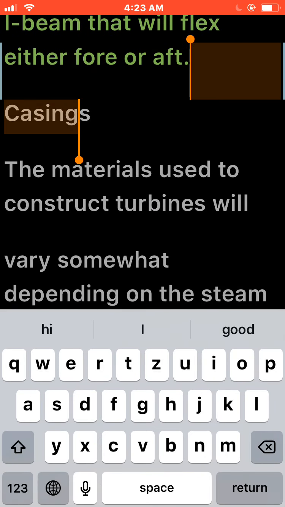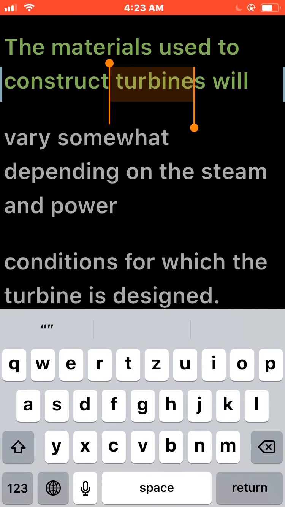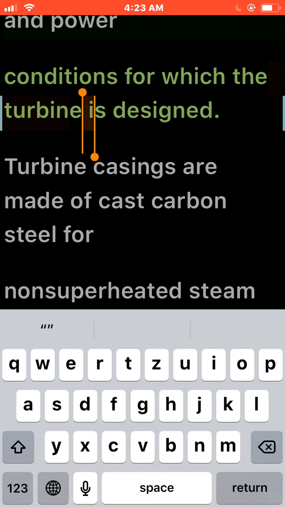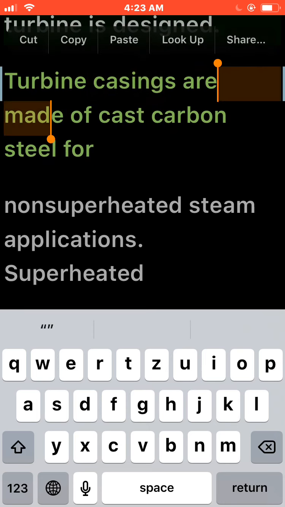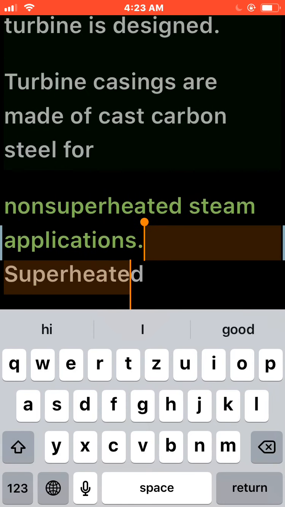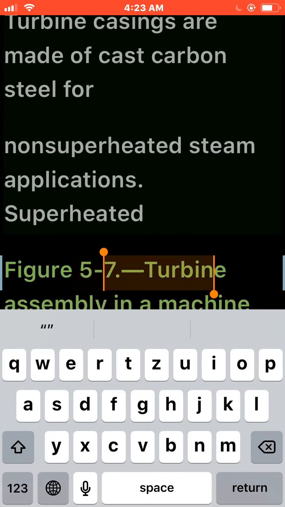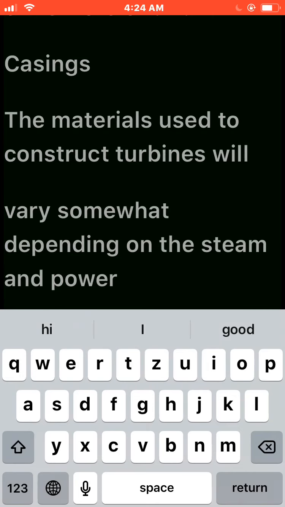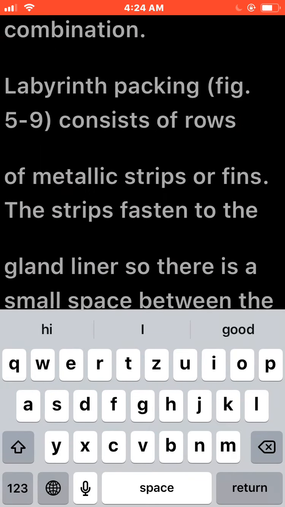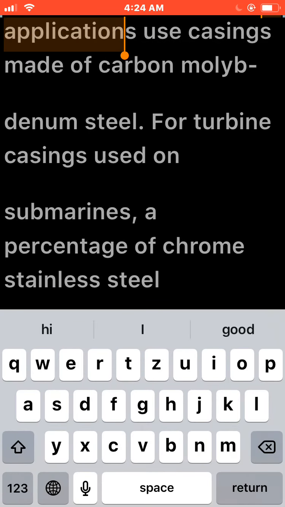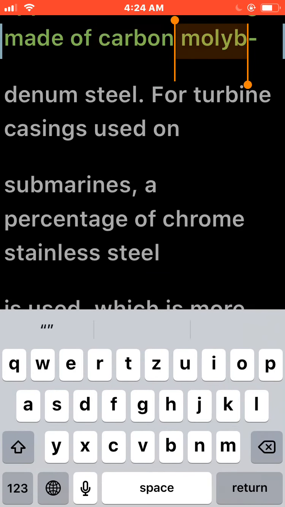Casings. The materials used to construct turbines will vary somewhat depending on the steam and power conditions for which the turbine is designed. Turbine casings are made of cast carbon steel for non-superheated steam applications. Superheated steam applications use casings made of carbon molybdenum steel.